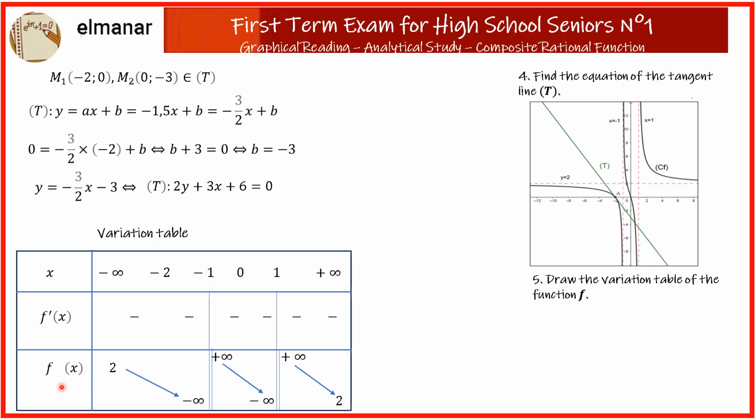Third row, values of the function itself. Here's how the function behaves as the variable moves through the listed values. It begins with a value equal to 2.